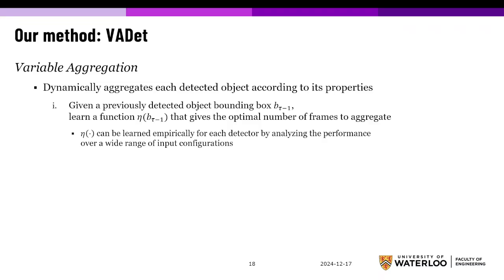So given a particular model that's trained in a particular way, we will feed that model different numbers of aggregated frames and analyze the performance for different types of objects. For example, we will look at the performance for slow versus fast objects. We'll look at the performance for dense versus sparse objects.